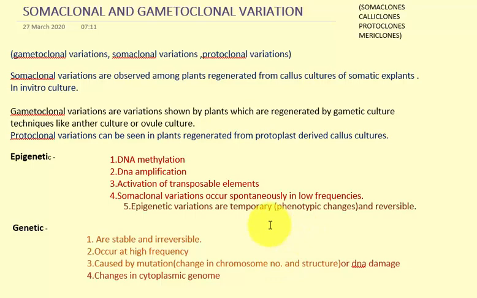Then there is chromosome structure change, and that leads to deletion, inversion, duplication, and translocation. And the next thing is the frequency is very high in case of genetic cause, and changes in the cytoplasmic genome are also a cause, and they are very stable and irreversible.